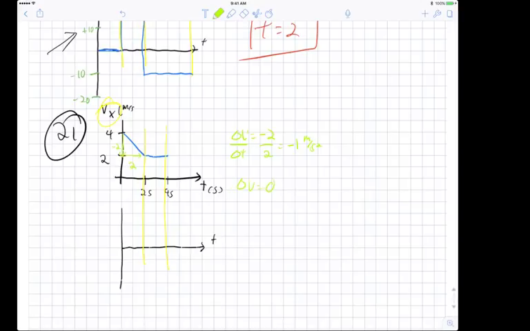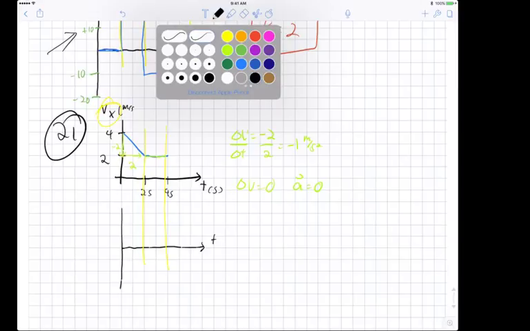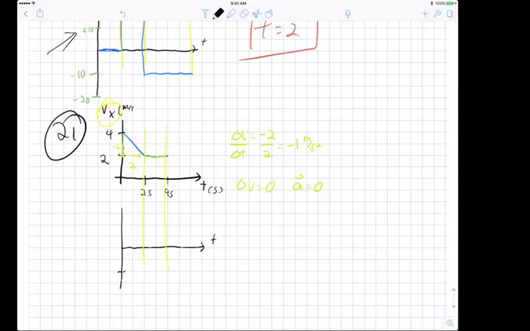Your velocity doesn't change, and so the acceleration is going to be 0. So this graph is going to look like first you're accelerating at minus 1 for a while, and then you go to 0, like that. Next question is question 27.